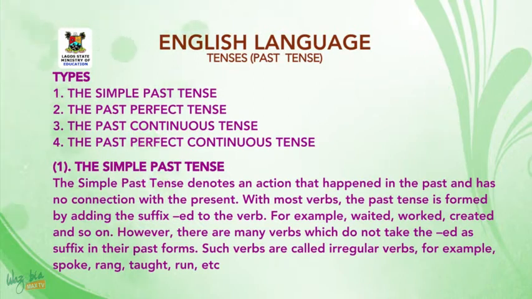For example, verbs like worked, created, waited, etc. They are verbs ending with ed, and it can also accept irregular verbs such as spoke, rang, taught, run. So that means the simple past tense means a just concluded action which can take ed as its past verb, or it can take irregular verbs.